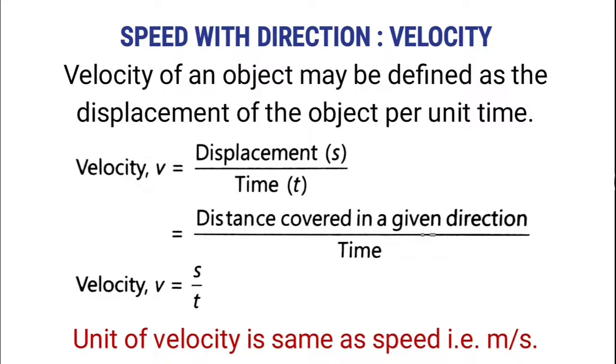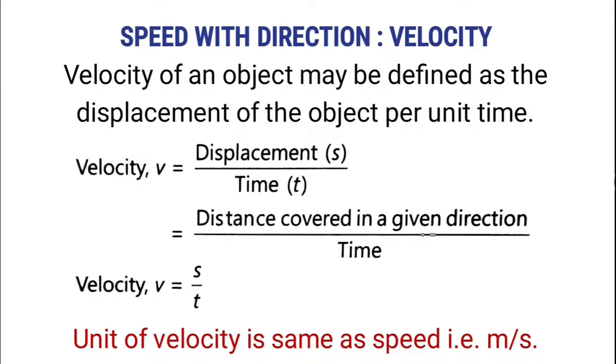It means that speed offers only the magnitude, or it tells us how much distance an object has covered per unit time, but it does not give any information about the direction. That's why we have a term known as velocity.